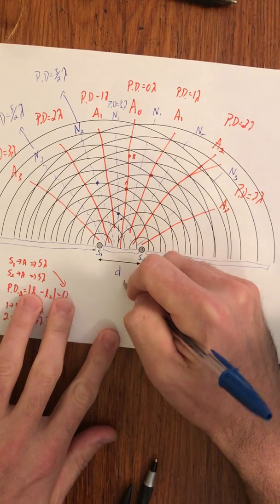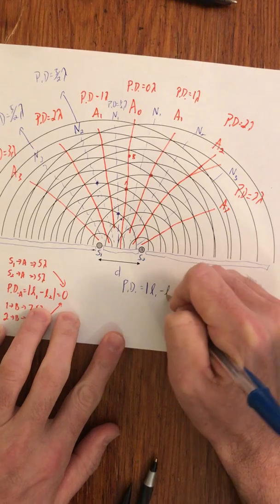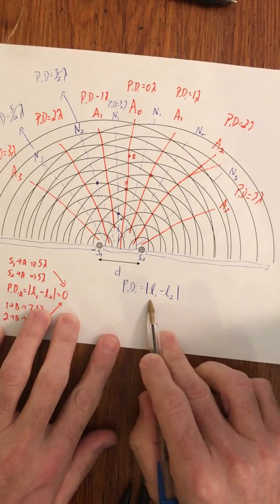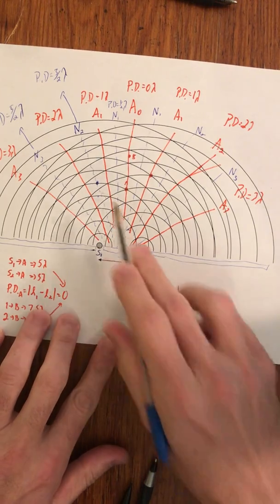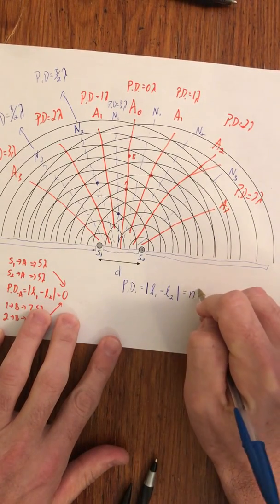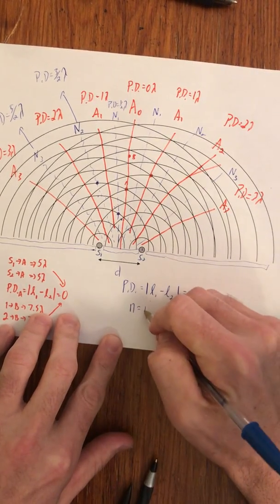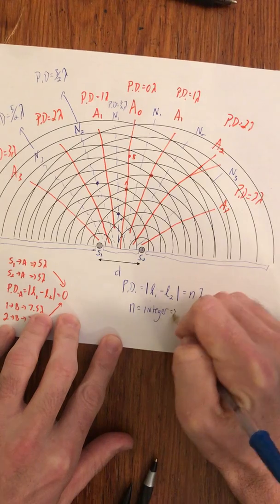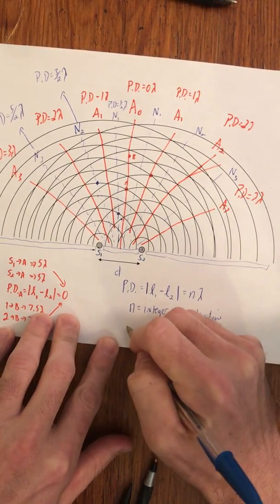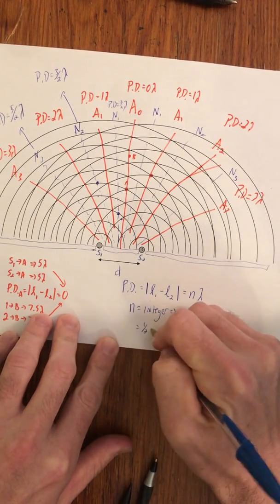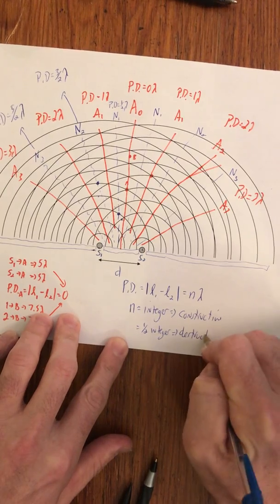Well, the path difference, which is just the absolute value of L1 minus L2, where L1 is the length from one source out to the point, minus the length from the other source out to the point, is always going to equal some multiple n times the wavelength. If n equals an integer, I get constructive interference, and if n equals a half integer, I get destructive interference.